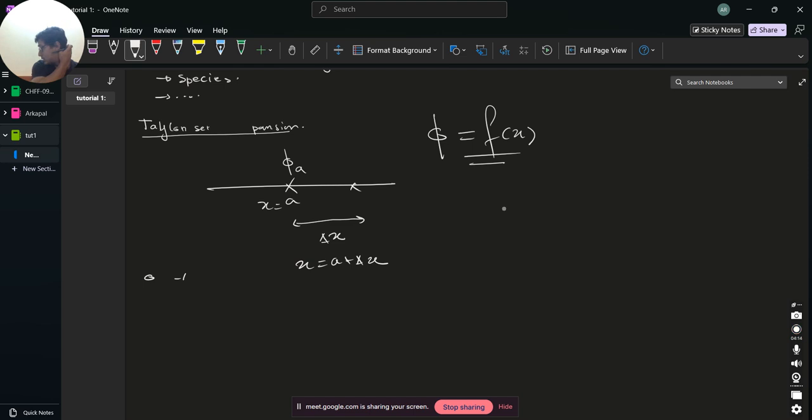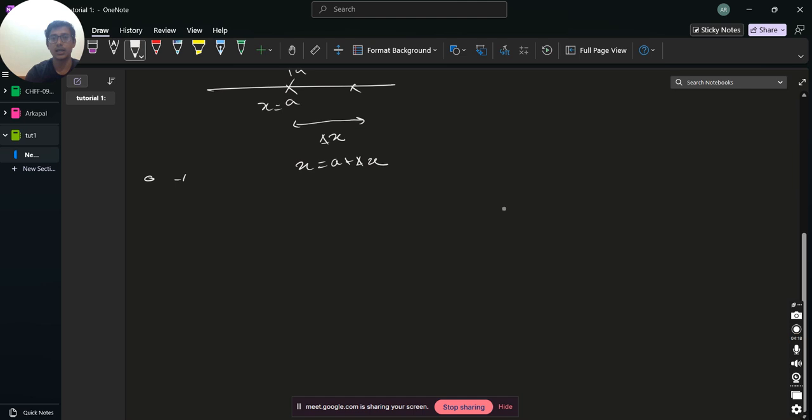Okay, so what Taylor series expansion allows us to do is that when we know the function phi at a, we can also get the value of phi at a plus delta x using this sort of an expansion.